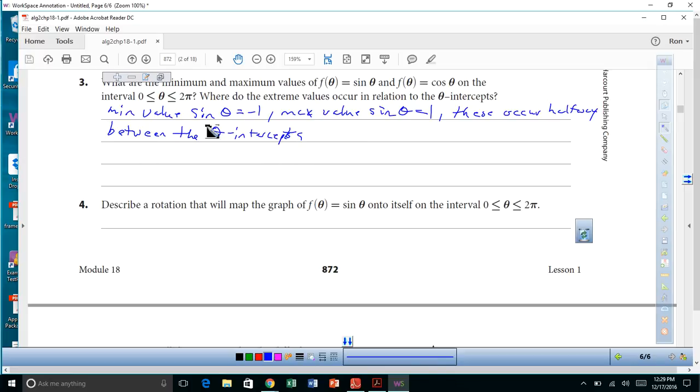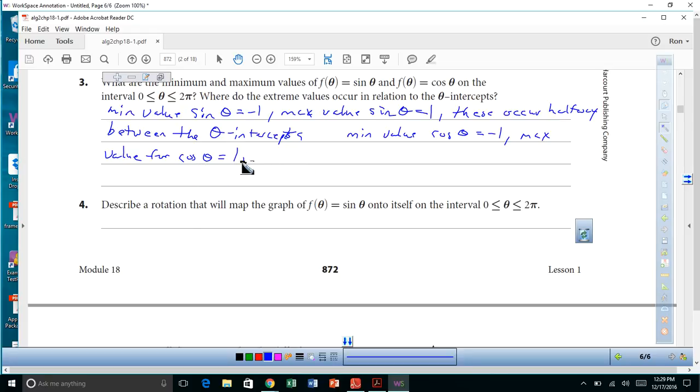Let's see. The minimum value for cosine theta equals -1, and the max value for cosine theta is +1.